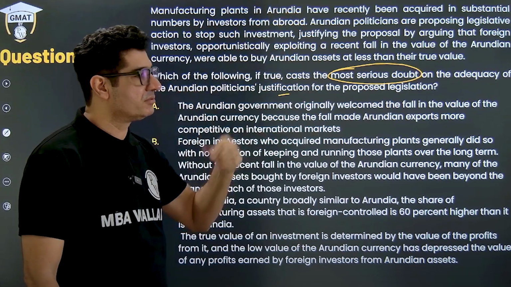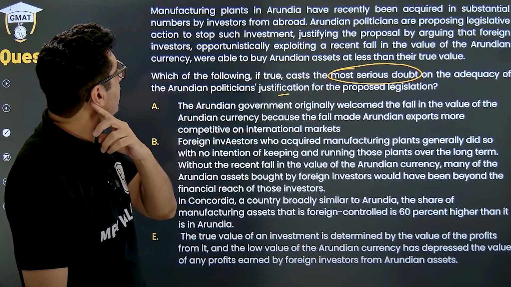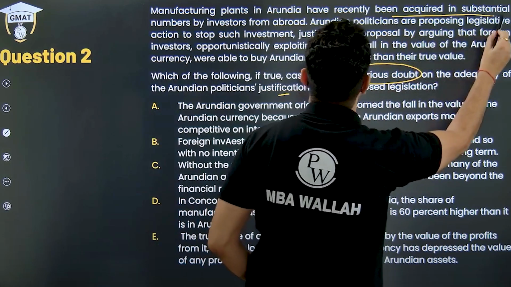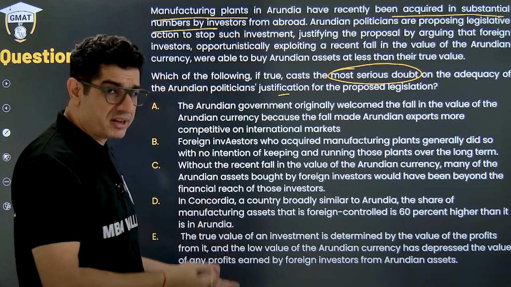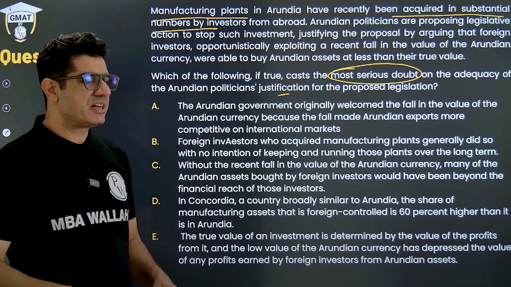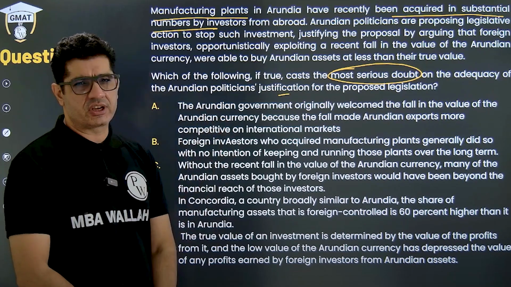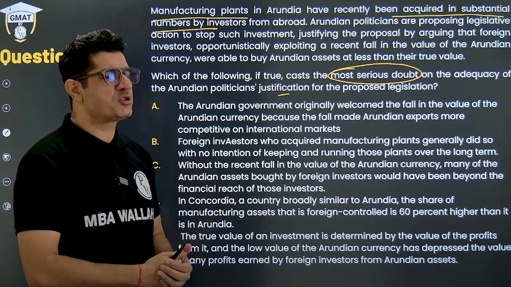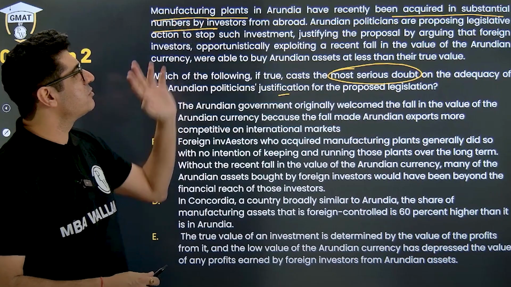There is a country, there are foreigners who are buying some businesses in the country, and the politicians are saying that, okay, these guys are being opportunistic. So basically their assumption here is that these foreign investors have no interest in running these plants.